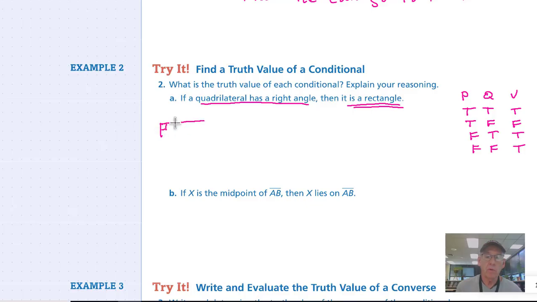And I'll make one side really long. There's 2 sides. Let's do another side out this way. And 4 sides. So here's a quadrilateral that has one right angle. But it's obvious it's not a rectangle. That makes this a counterexample. And that means that the conclusion is false, since I could find a counterexample, which means the statement is false.